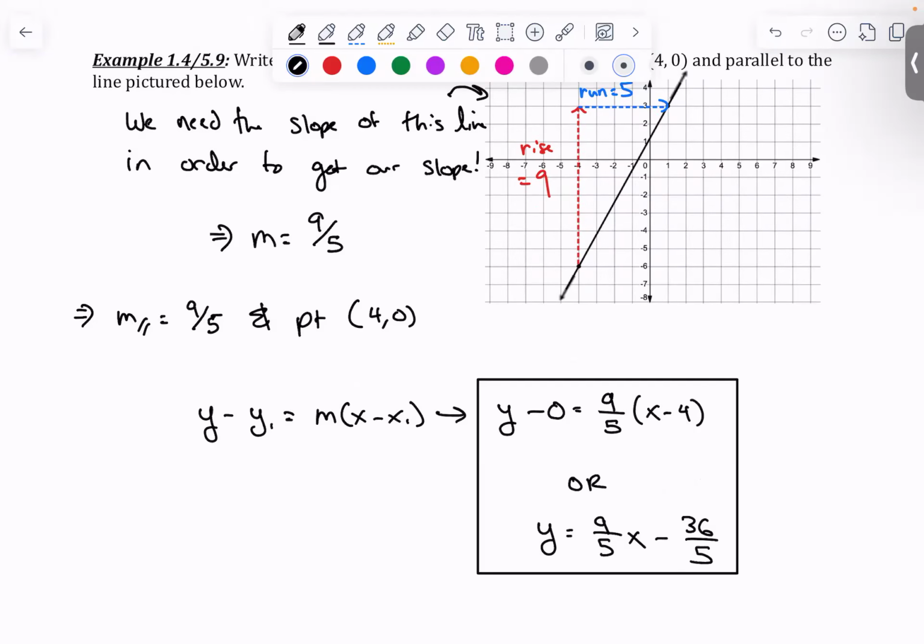So this is the answer you should get: y equals 9/5 x minus 36/5, or the point slope form, regardless of what you choose.